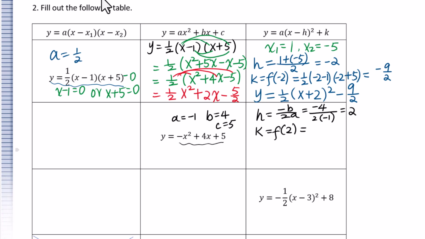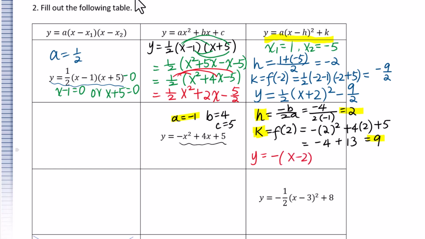Plug back into the original function: negative 2 squared plus 4 times 2 plus 5 equals negative 4 plus 13 equals 9. We are given h, k, and also a. Then we plug into this form. We will get y equals negative (x minus 2) squared plus 9.